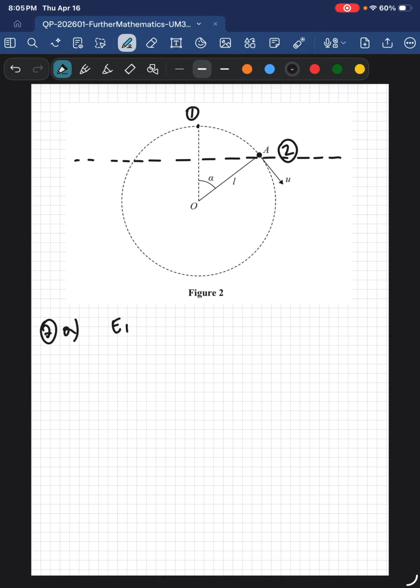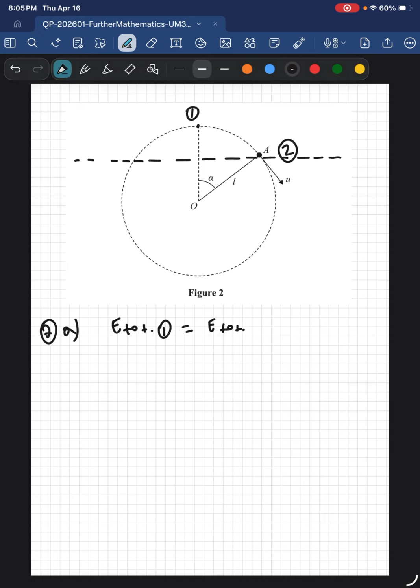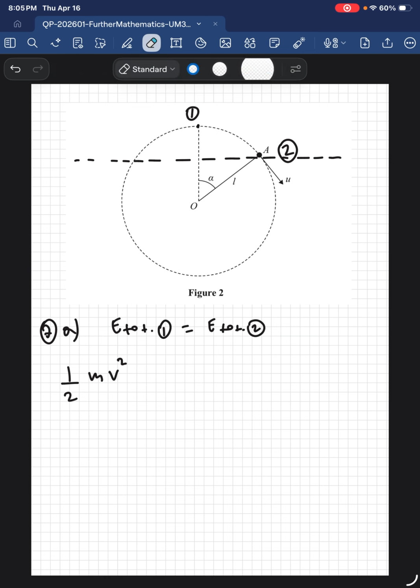So the total energy at point 1 is equal to the total energy at point 2. Okay, what's the total energy at point 1? It's 1/2 times m times v squared. Actually, before we do this, let's do some trigonometry a little bit.